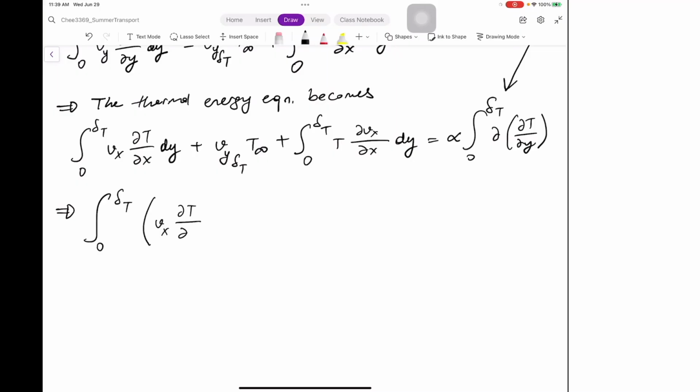Ex del t over del x plus t del Ex over del x. Oh, what is that? It looks like something familiar, right? And I write this too. Vy delta t infinity is equal to alpha.